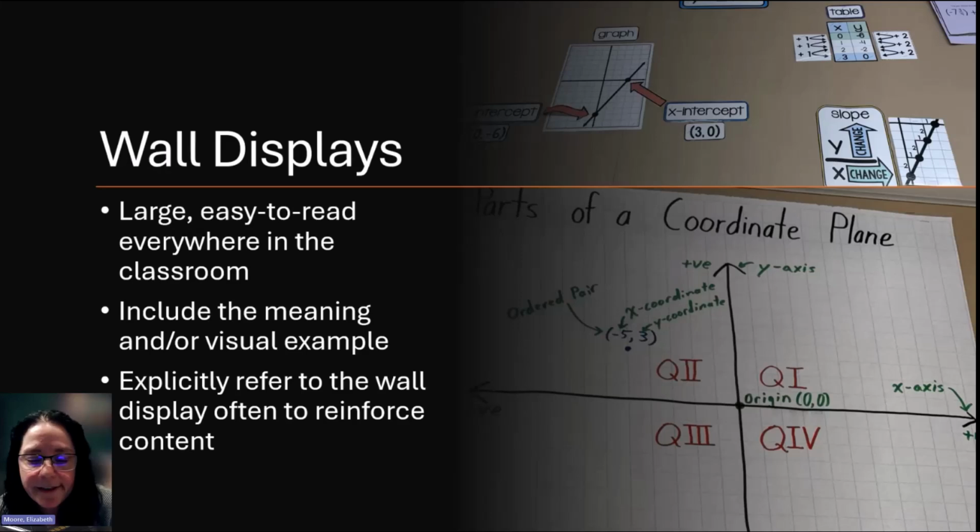Both of those images are found on SPS classroom walls. And the third thing is, as I was saying about that geometry reference guide, that you explicitly refer to this reference, in this case a wall display, often to reinforce the content and the associated vocabulary through the content.